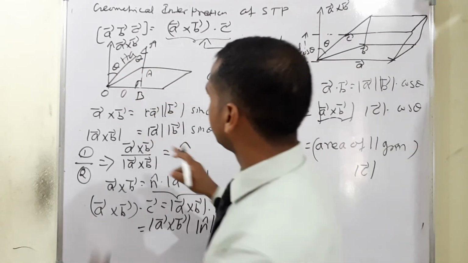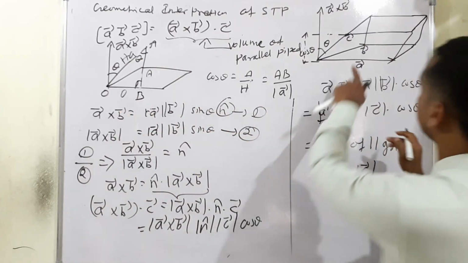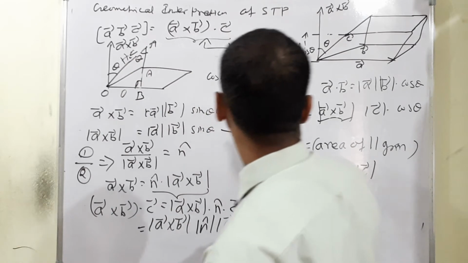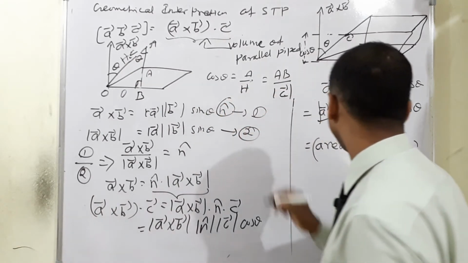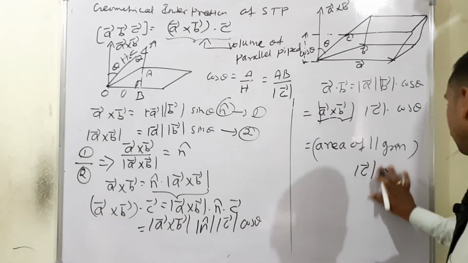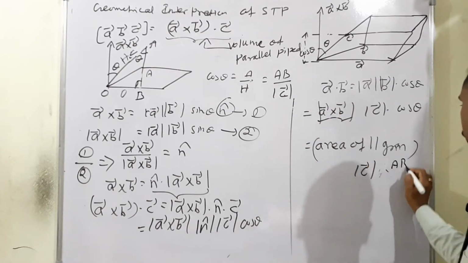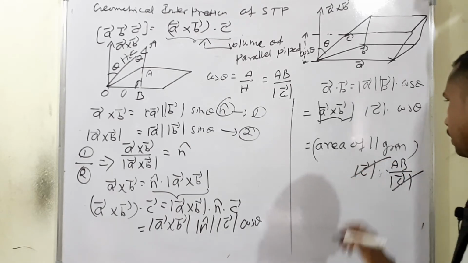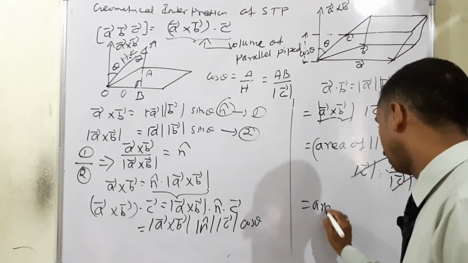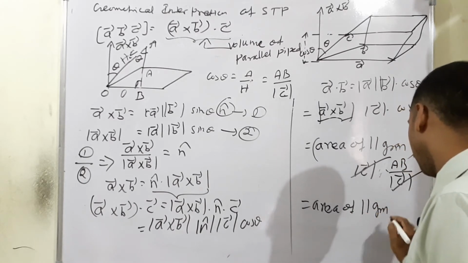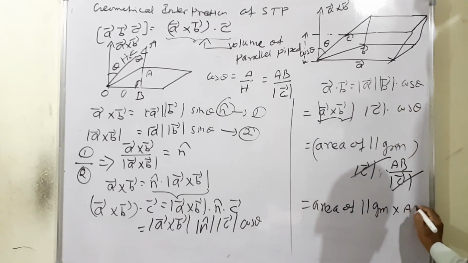But in this condition, this is C, so here we write C vector. Therefore cos theta is AB divided by modulus of C. So C cancels, and this is the area of the parallelogram into AB.